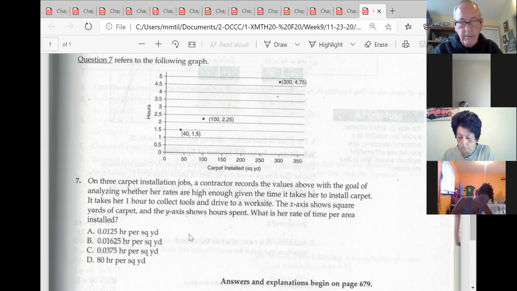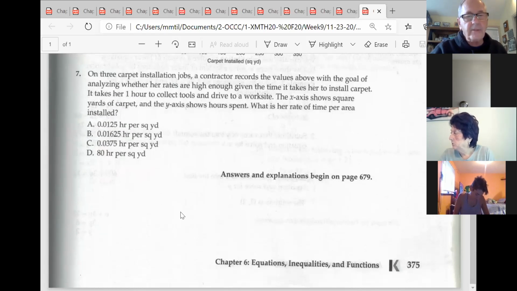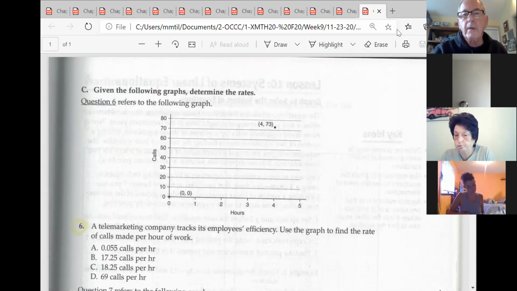I can't do this right. 0.75 divided by 60, so it's A, I think. 0.0125. Yeah, it's A, exactly. That's all, okay? So that's how you do these.